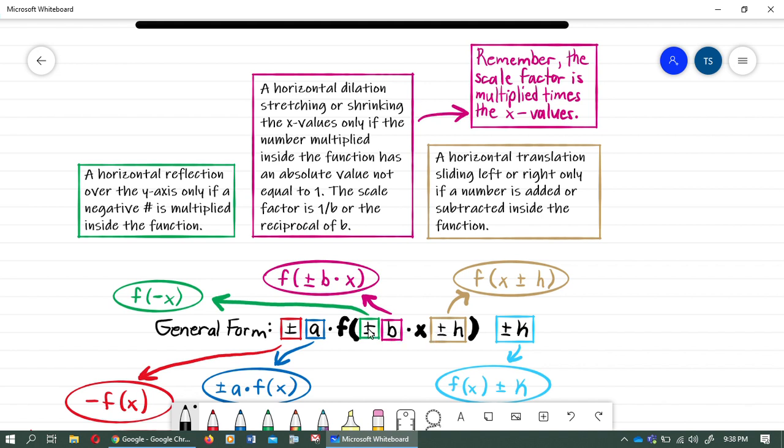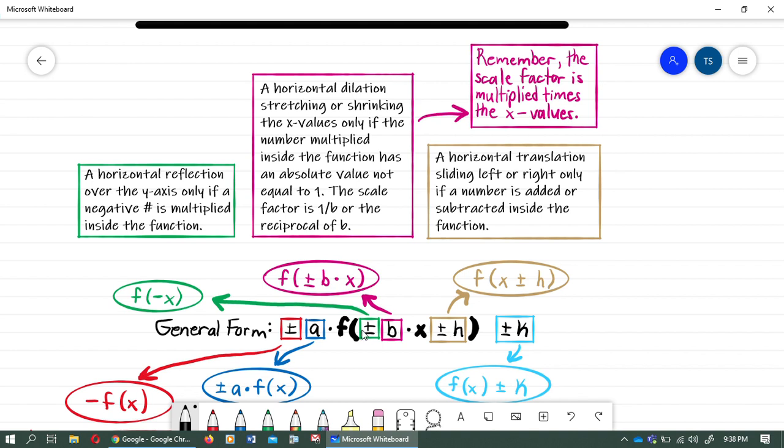Why are those three all horizontal? Because those are the three changes that are happening inside of the function. The plus or minus part that's inside the function, you see where my mouse pointer is? The b that's inside the function being multiplied times that x, and then that plus or minus h inside the function there.